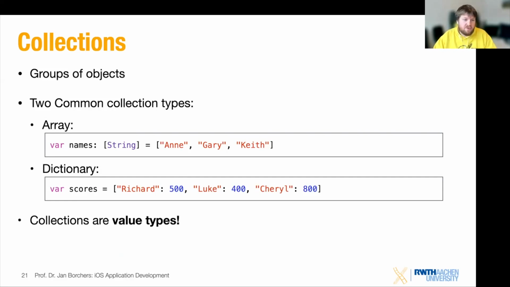So for example, for an array, you have your variable name, and then you indicate that it is an array by using these square brackets. So if we have square brackets, string, and closing square bracket, that is an array that has only the object types of string in there.